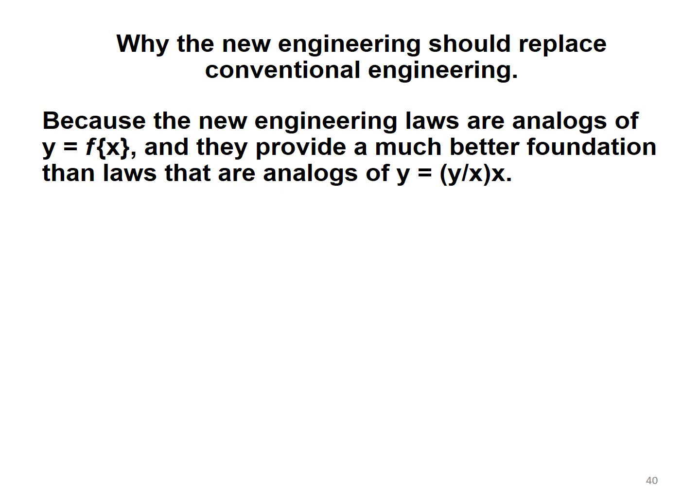The new engineering should replace conventional engineering because the new engineering laws are analogs of y equals a function of x, and they provide a much better foundation than laws that are analogs of y equals y over x times x.